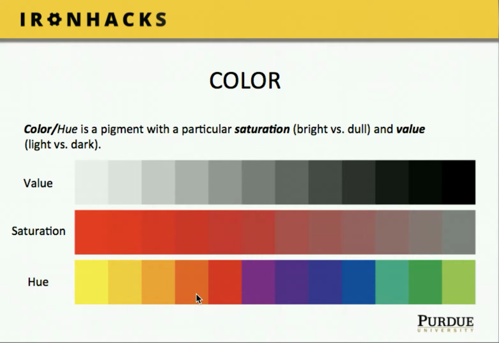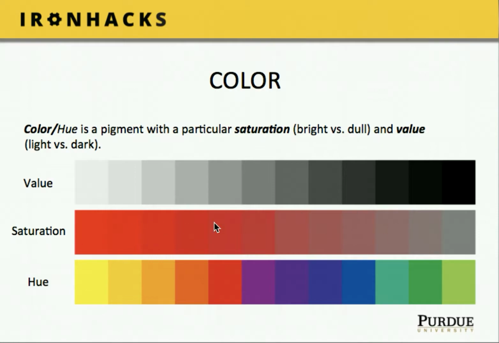Besides the variety of hues, each color has varying levels of value, i.e. the relative lightness or darkness, and each color in its full saturation is very bright. But you can dull the color down without losing its value. So here you have a kind of 50% gray.